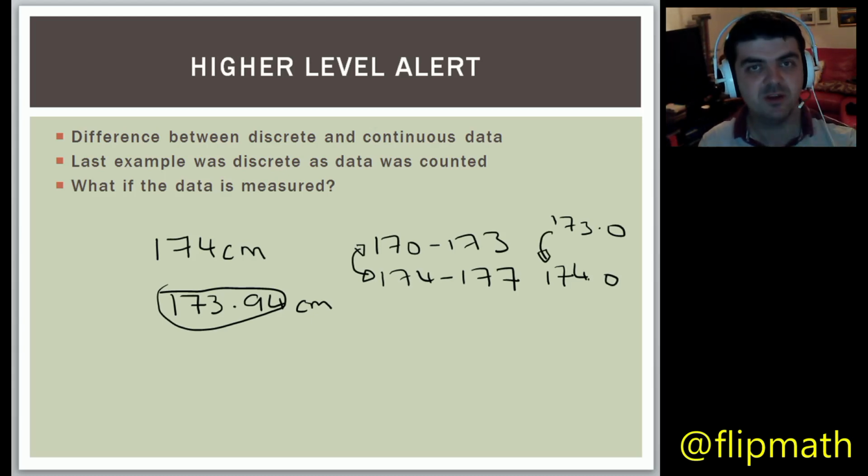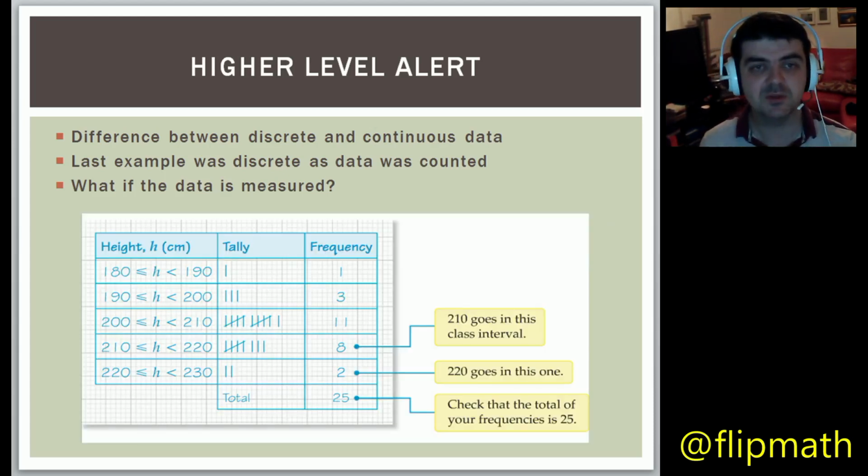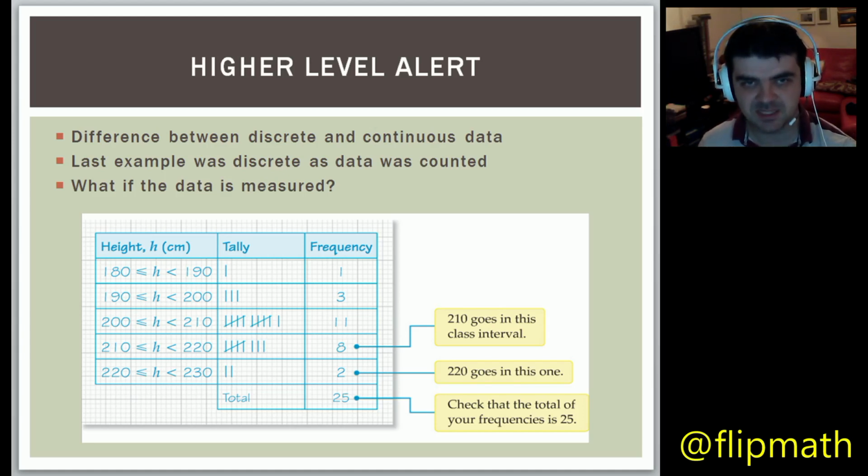What do we do to get round it? Well, I'll show you what we do. I wouldn't leave you hanging like that. What we do is this: we use this notation. So if we were measuring people's heights in centimeters, we would use, I'll just get my highlighter out, we will use this one first.